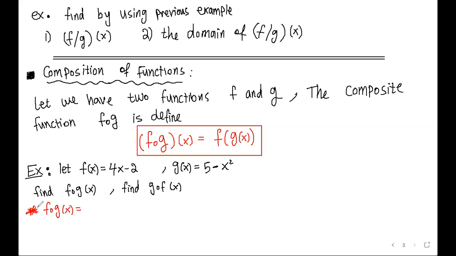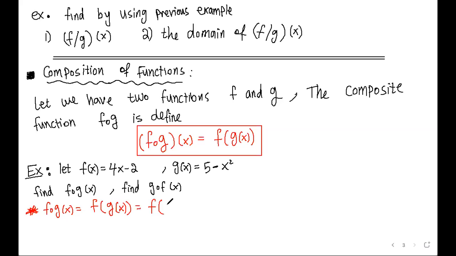Angel, it will be 4, f of 5... f of what? g of x, what is g of x? 5 minus x squared. Okay, nice. So first of all, we write the formula f of g of x. Now we plug the g of x inside the parentheses.